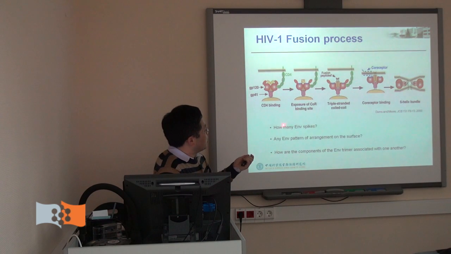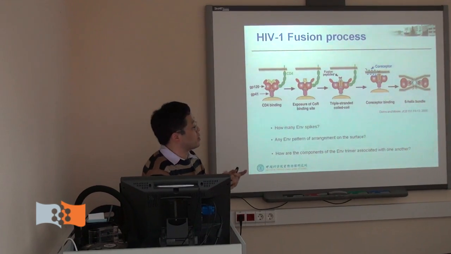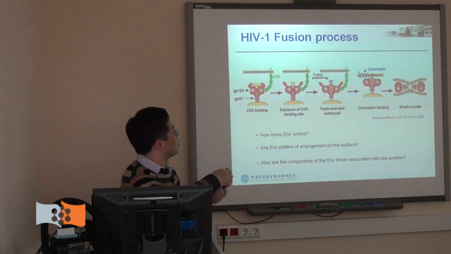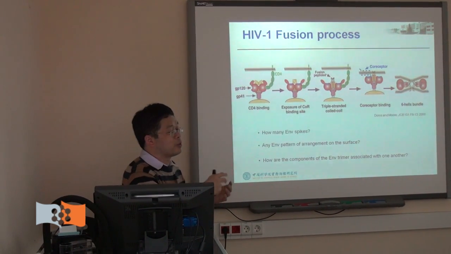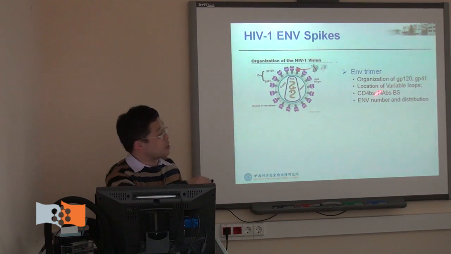So we are interested in how many spikes are on the surface and whether there is any pattern in their distribution. That's what we can see using EM, and how the trimer, the 3 GP120 and 3 GP41, are organized together to make an envelope spike. So this is the question.